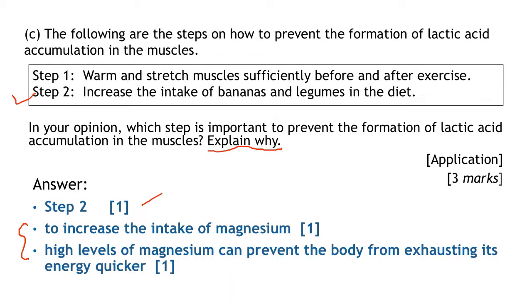These 2 types of food are examples of food sources rich in magnesium, which means step number 2 is the step to increase the intake of magnesium. Then reason number 2, high levels of magnesium can prevent the body from exhausting its energy quicker. So this is how to get 3 marks for this question.